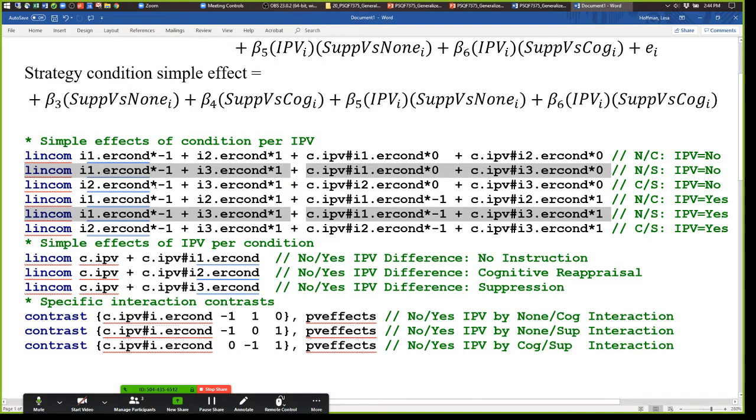The last but not least, 2 versus 3. So note I'm changing the numbers. So this is 1 versus 2, 1 versus 3, this is 2 versus 3. And the only instances in which the interaction terms take values is when it's IPV equals 1. So it's being treated as a continuous covariate that multiplies those values.